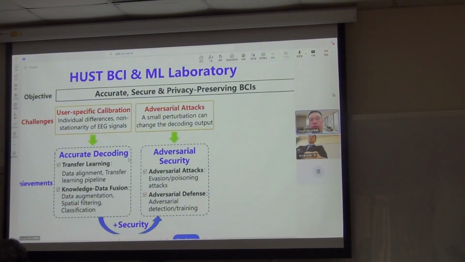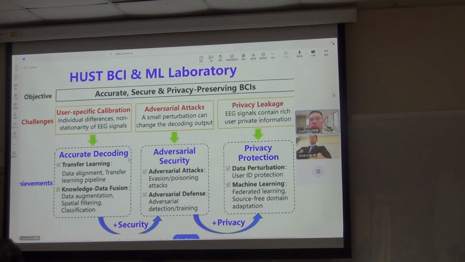So we developed different approaches to attack EEG-based BCIs, but in the past few years, we are more interested in how to defend against such attacks. So we developed adversarial detection and training approaches for adversarial security. The last piece is privacy protection.